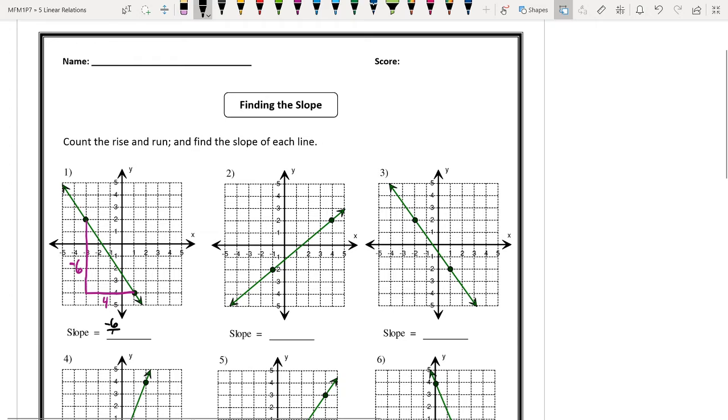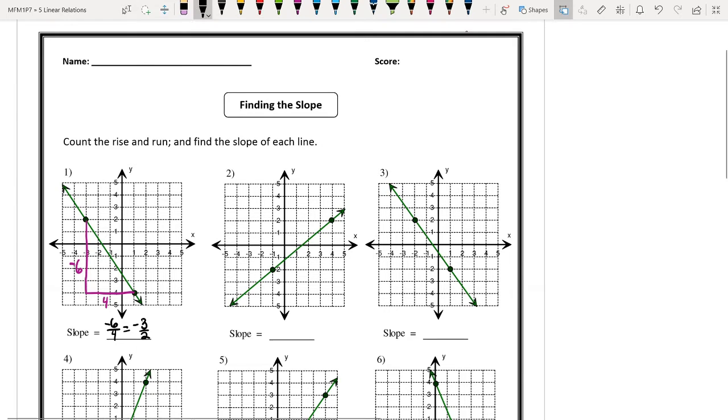And that is the part that you were missing: this slope has to be negative. If I simplify it to lowest terms, I get -3/2. Now I could have known this line was going to have a negative slope just by looking at it, because the line goes down to the right. And if it goes down to the right, that means the slope is negative.